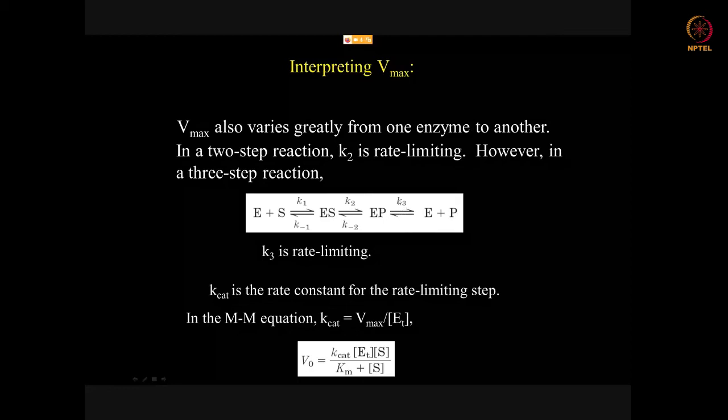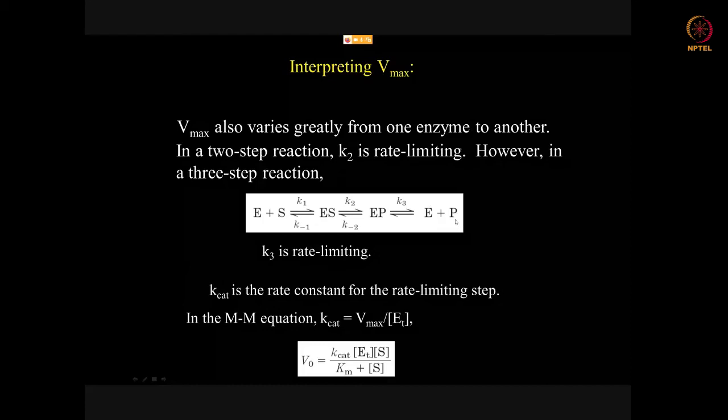So therefore, what is determining Vmax will vary with which step is rate limiting. And this leads us to a term called K-cat. So in this particular experiment, K3 is K-cat.